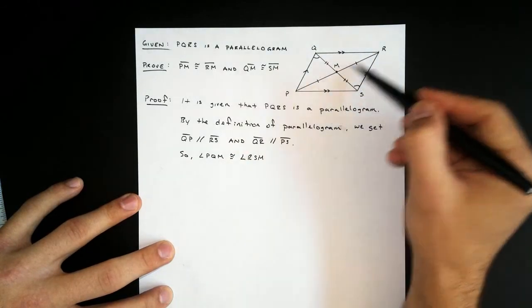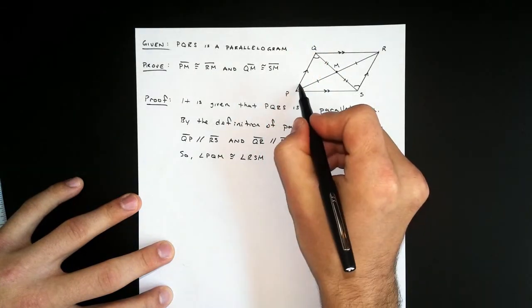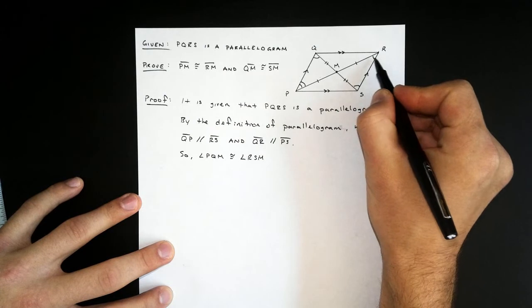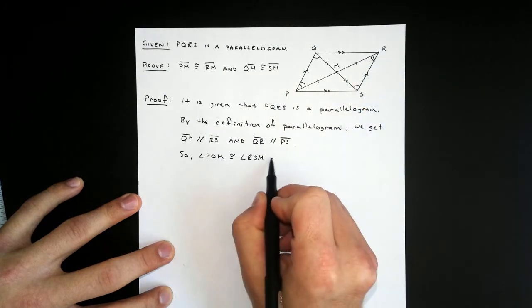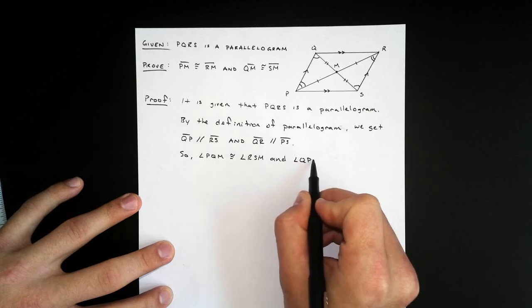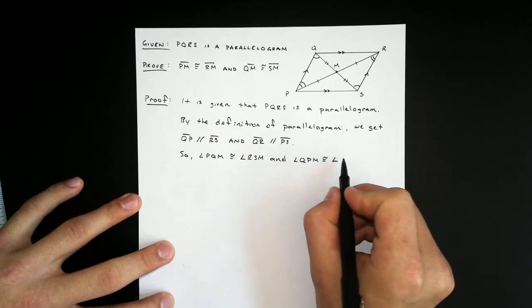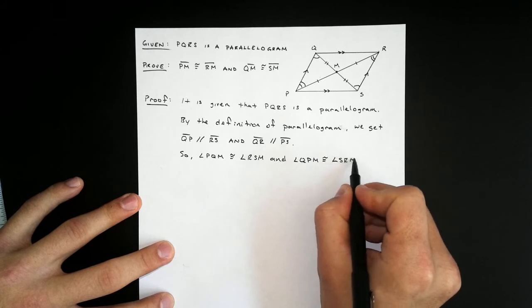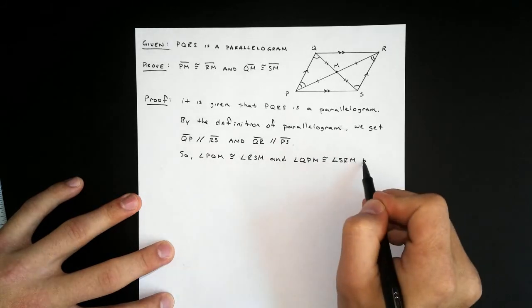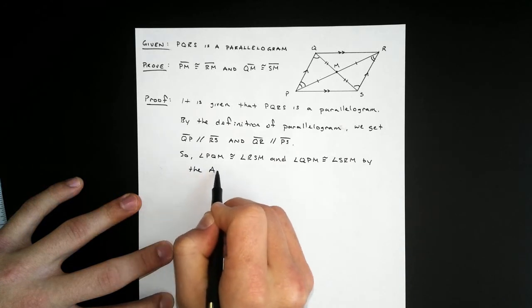If I use the other transversal, still using these two parallel sides, we get these two angles are congruent. And we also know that angle QPM is congruent to angle SRM. And our reasoning there is the alternate interior angle theorem.